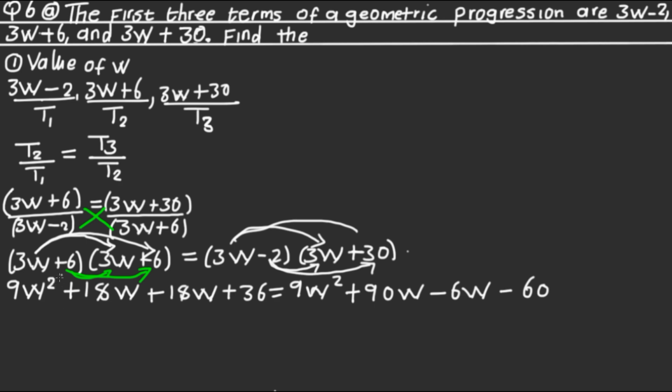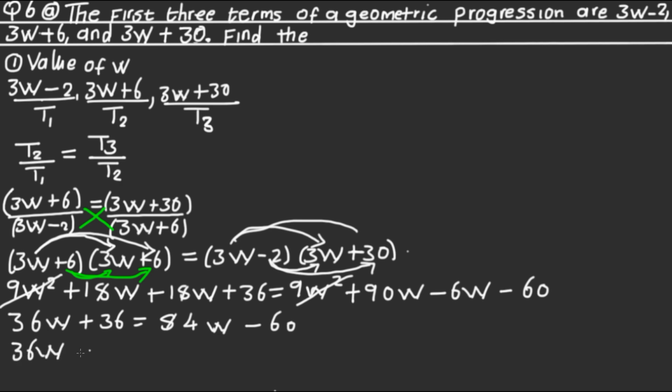We are going to cancel 9w squared with this 9w squared here. Then these two are the like terms, so we can add them. So 18 plus 18 is 36w plus 36 is equal to, here we have 90w minus 6w, so this will give us 84w minus 60. We can still collect the like terms, so we're going to have 36w minus 84.